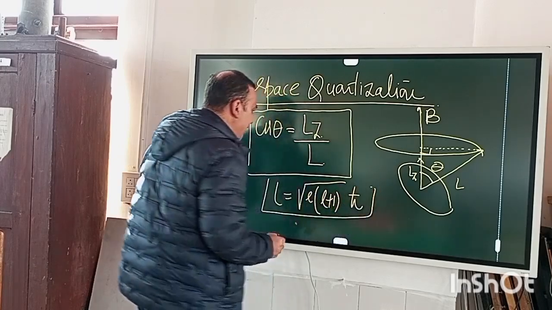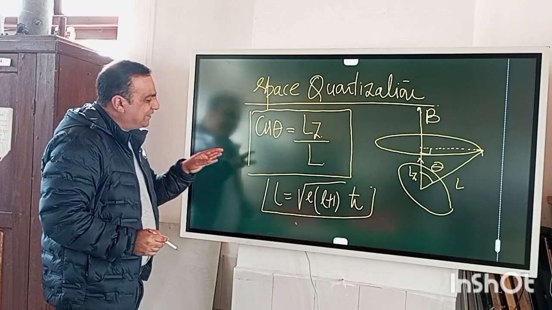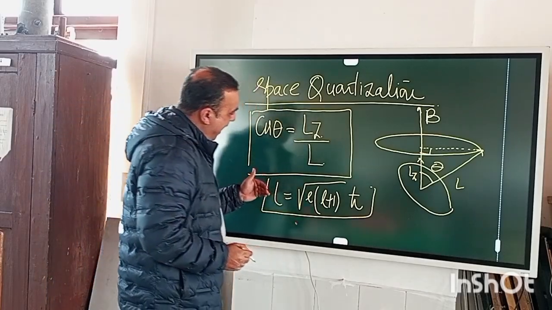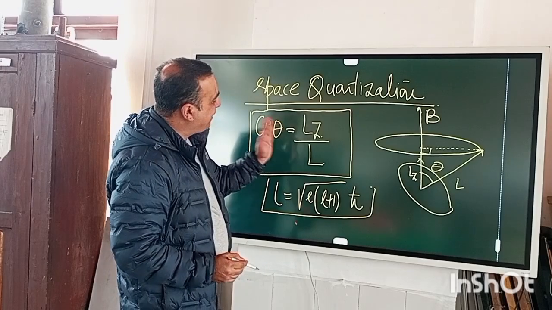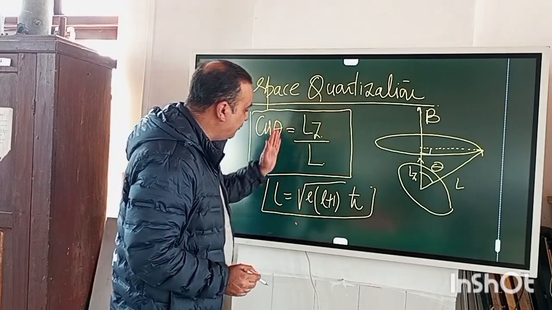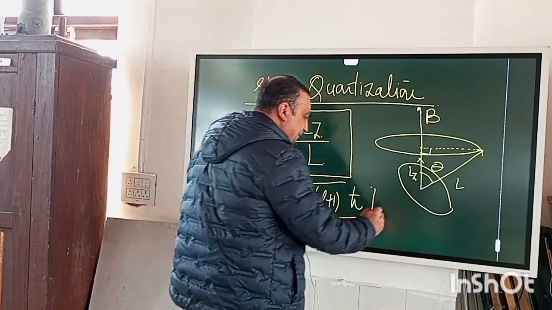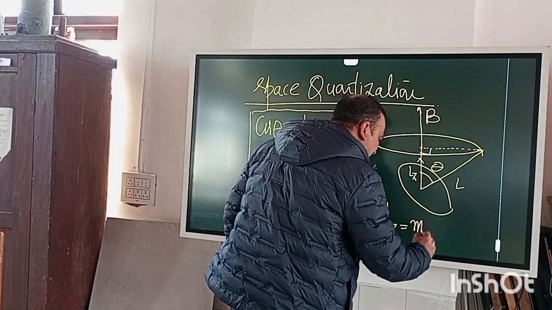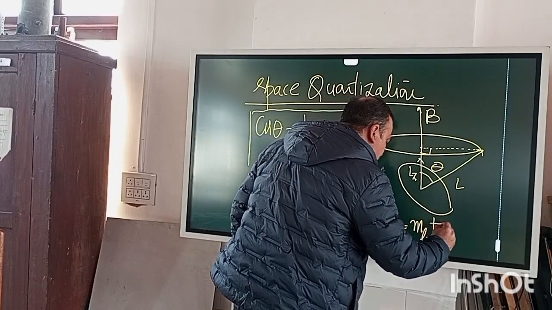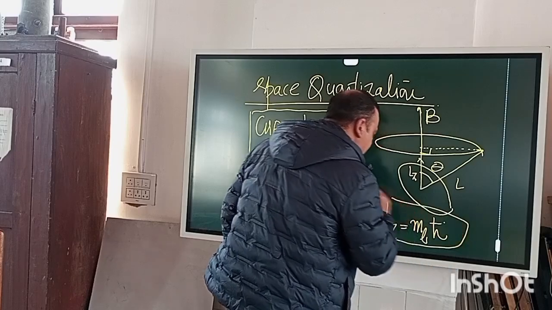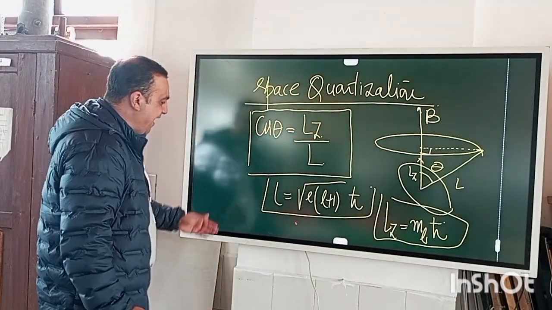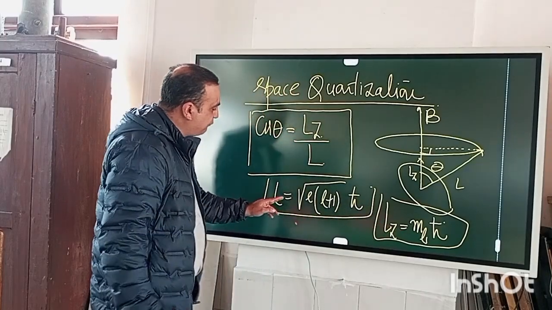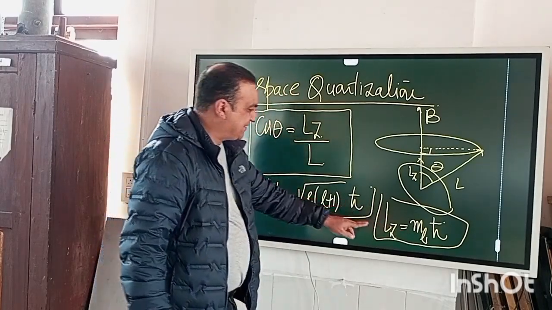So this is the magnitude of the orbital angular momentum, and the magnitude of the angular momentum along the Z component is nothing but m_l h bar. And we understand that this m_l can take the values from minus l to plus l.